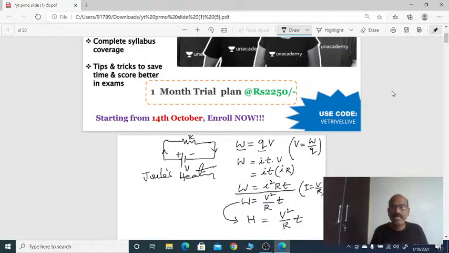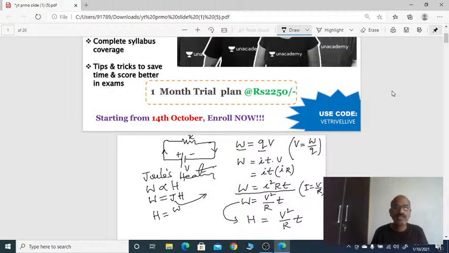According to Joule's law, the work done is directly proportional to the heat produced. Work done is equal to JH, where J is called Joule's constant or the mechanical equivalent of heat.